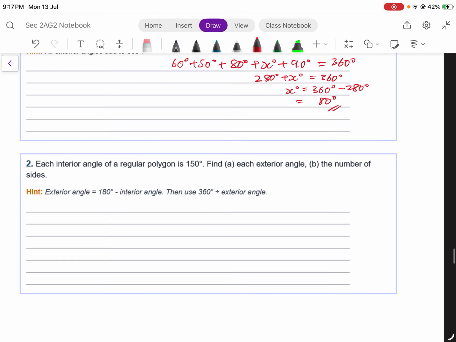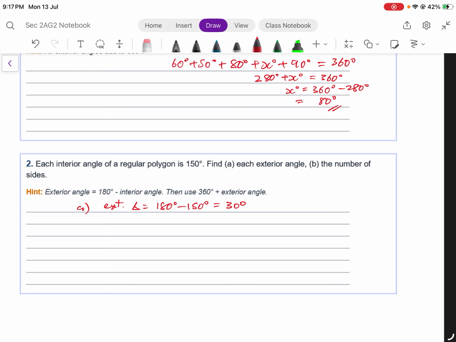Now from here, they say each interior angle is 150. Find each exterior angle. The exterior angle will be 180 minus 150, 30 degrees.